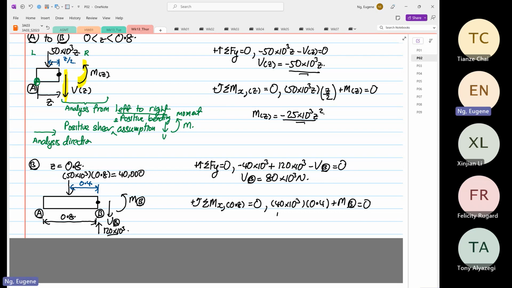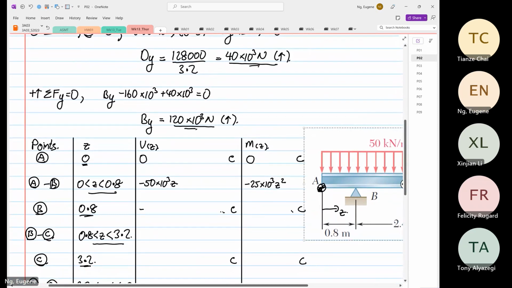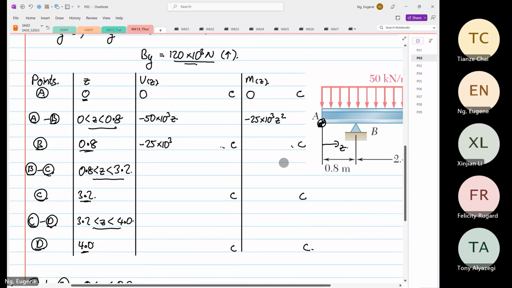So M at point B will be equal to 40 times 10 to the power 3 times 0.4, which is equal to minus 16 times 10 to the power 3 Newton meter. So we know that this is minus 25 times 10 to the power 3.